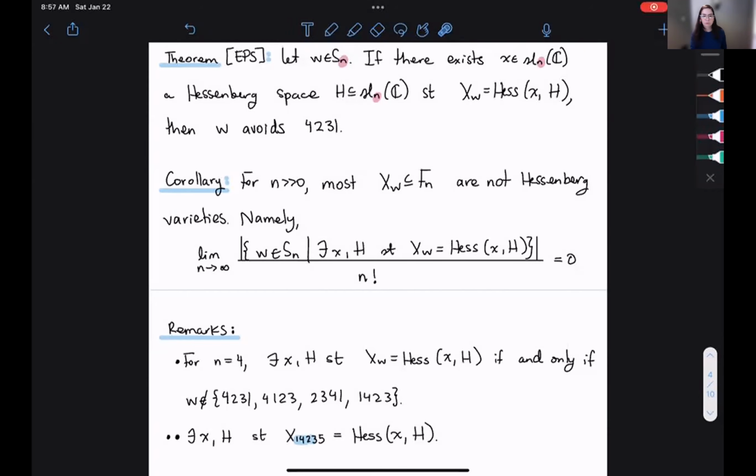And a key tool that we use to prove this, one of our key lemmas that I find is an interesting result on its own, is this idea. If you're familiar with type C, the way I think about type C is you start with type A, you have an involution on your type A flag variety, and you look at the fixed points. If you look at the fixed points, you get the type C flag variety. You look at the type C fixed points of a Schubert variety, you get a type C Schubert variety.